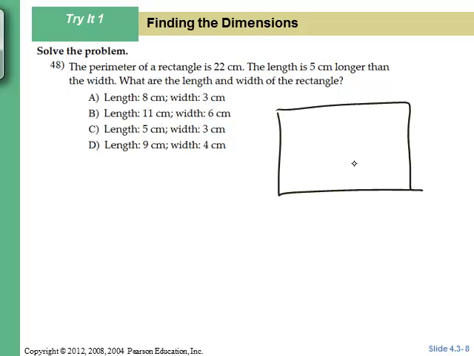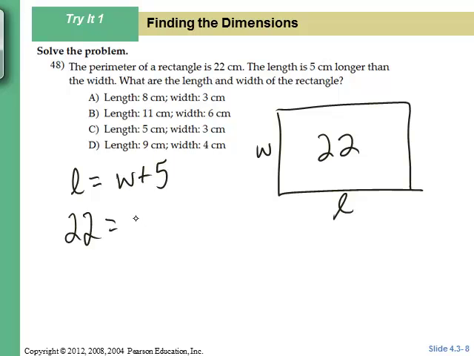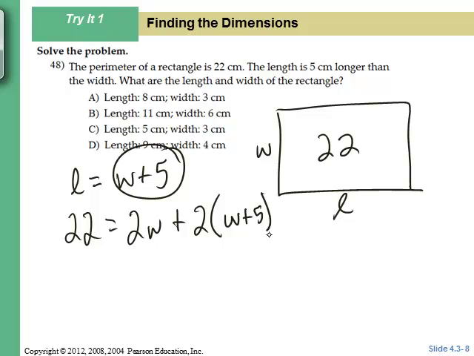Okay, so here we have perimeter is 22. Width, length. Length is width plus 5. 22 equals twice the width plus twice W plus 5. 22 equals 2W plus 2W plus 10.